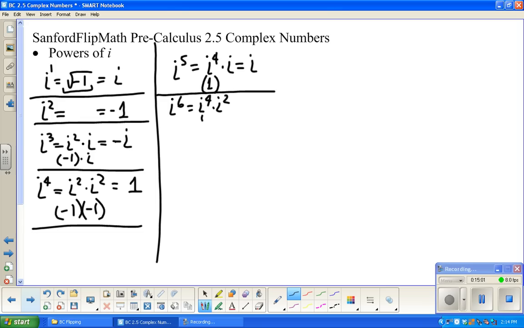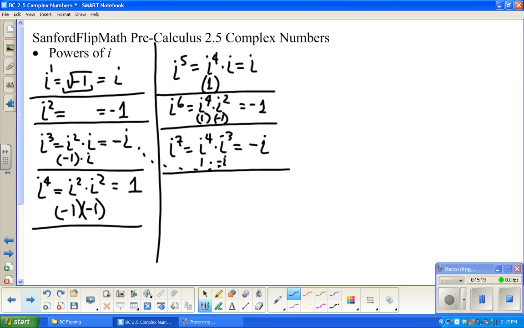We know i to the 4th is 1. i squared is negative 1, so that's negative 1. i to the 7th, i to the 4th times i to the 3rd, equals, well, this is 1 times negative i, and again, I'm just taking that negative i from here, so negative i. i to the 8th, well, that would be i to the 4th times i to the 4th. That's 1 times 1 is 1.